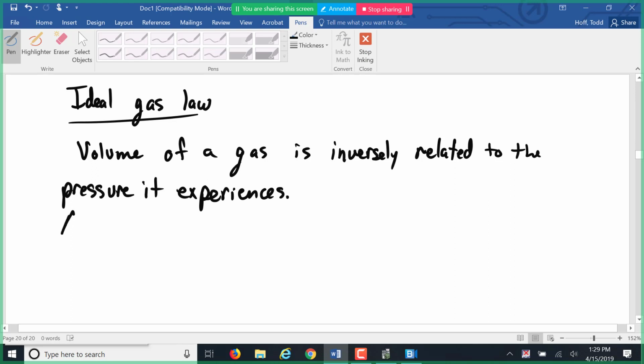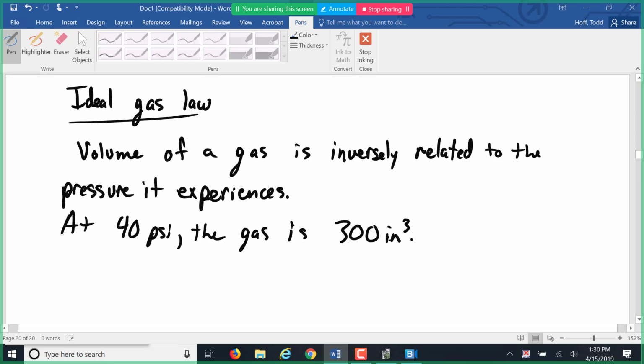So let's just say we're told that at 40 psi, the gas is 300 cubic inches.